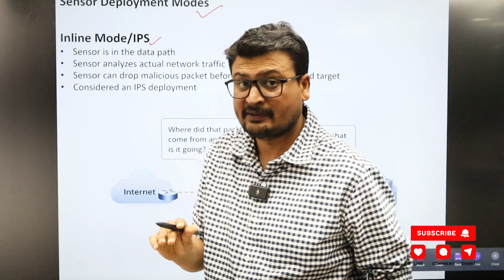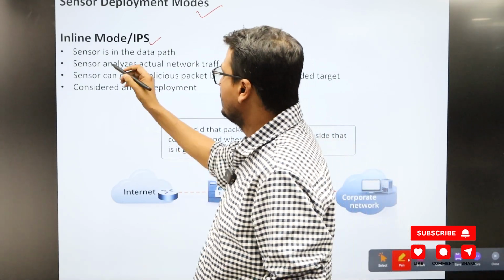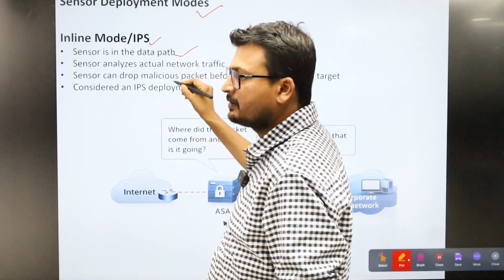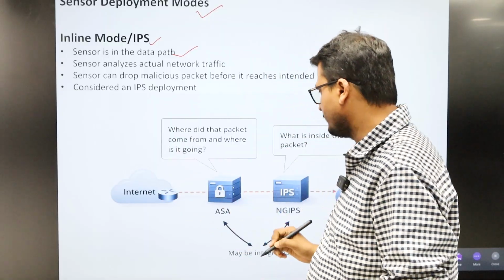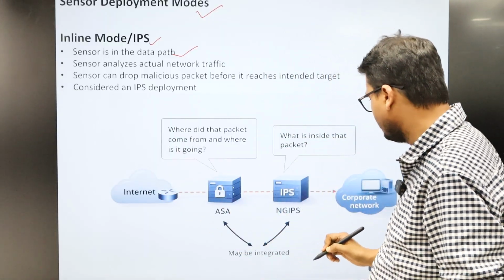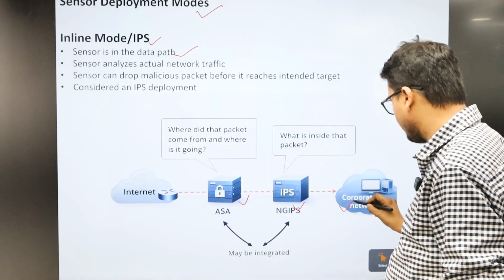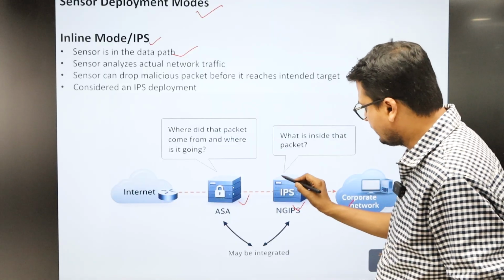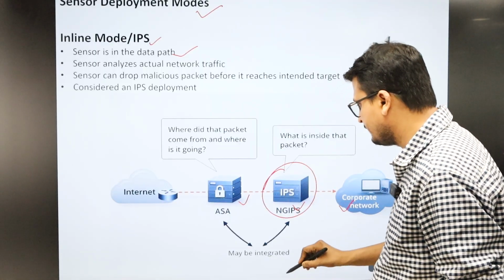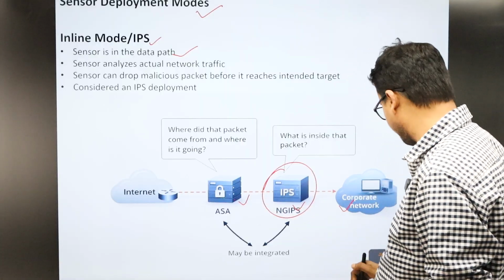Inline, IPS, these are the same terms. The sensor is in the data path. You can see here, I have ASA, I have IPS, and this is my internal network. Here I have IPS deployed after the firewall, right?